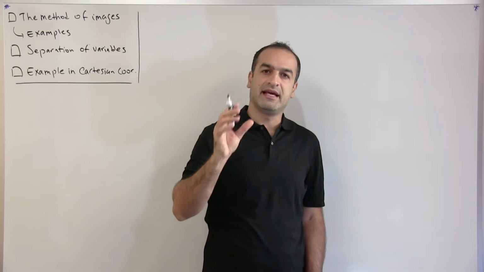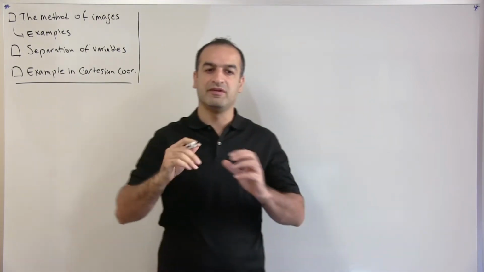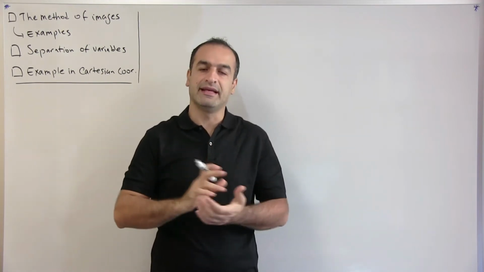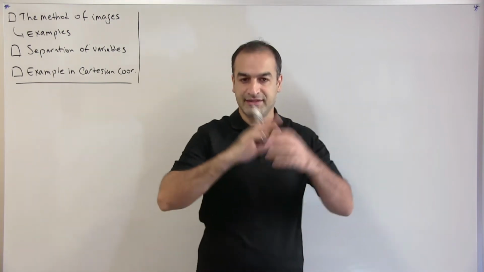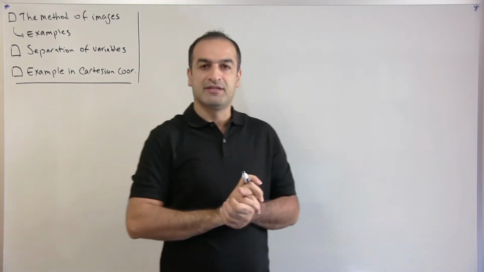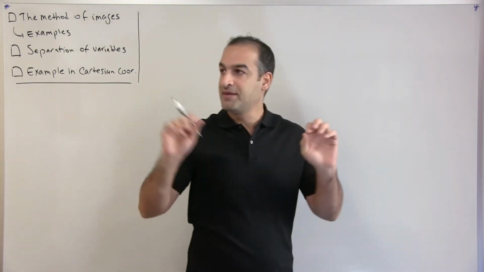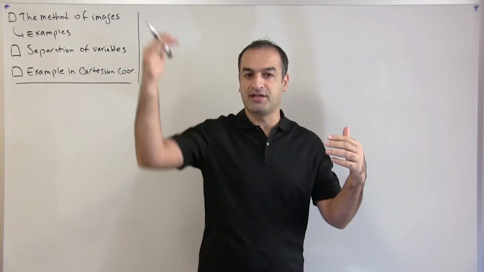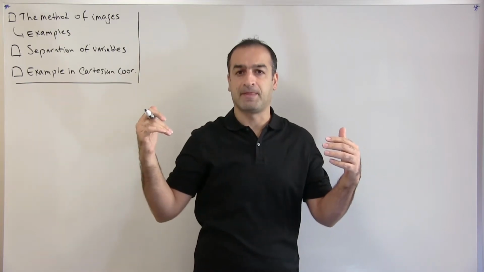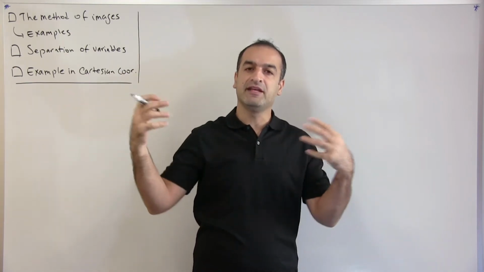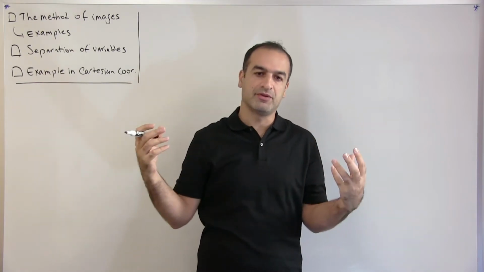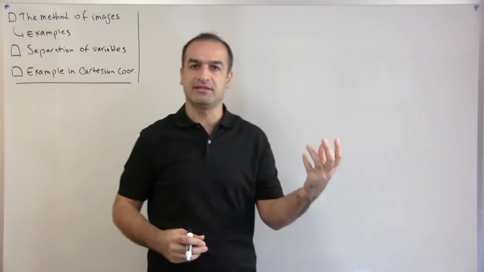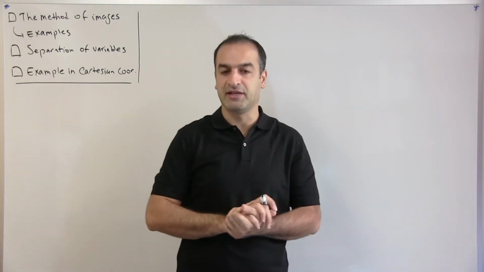But the idea is that if you have a conductor, you will have some induced charges. And if you are looking for the electric field and electric potential created near that conductor, it's useful to consider a separate setting where you don't have a conductor, but you have other, oppositely signed charges. That way you can create the electric potential and electric field that satisfies the boundary condition and Laplace's equation for the actual problem you're dealing with.